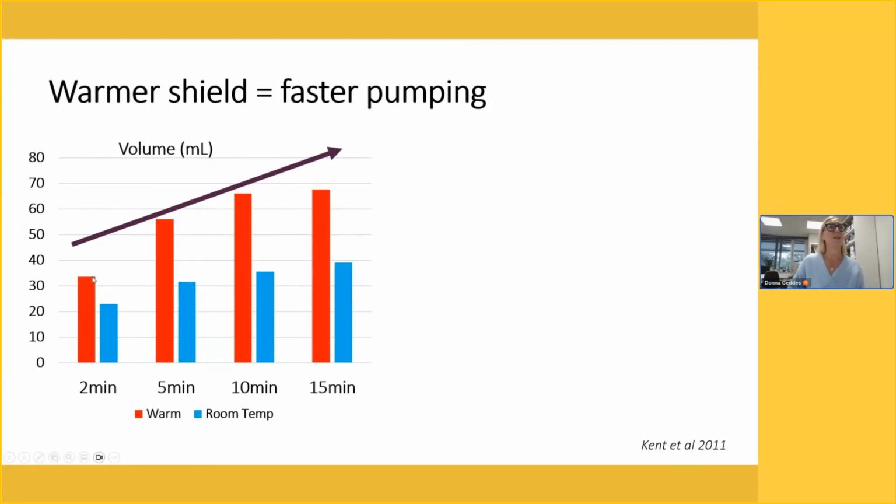You can see that there's much more volume pumped with a warm shield than just room temperature. So we can see increases dramatically in the first 5 minutes, first 2 milk ejections, and up to 10 minutes, and then it plateaus after 10 minutes, the volume.